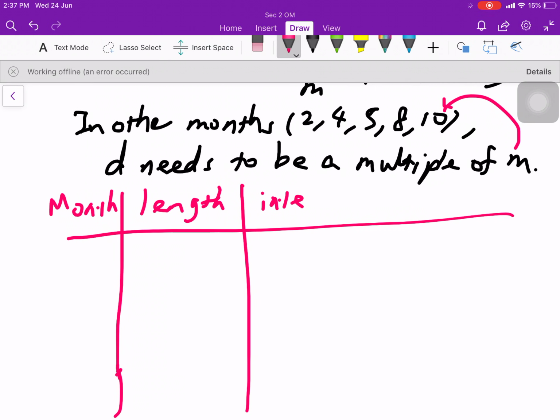Integer days means that these are the days that will make 2013D divided by M an integer. Finally, we look at the number of integer days.